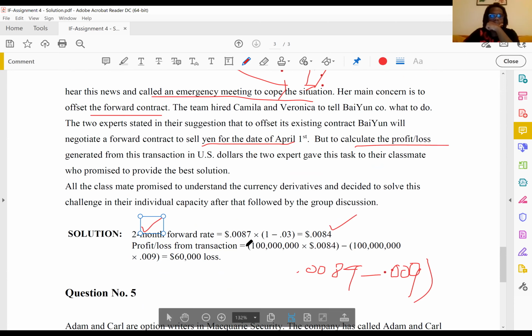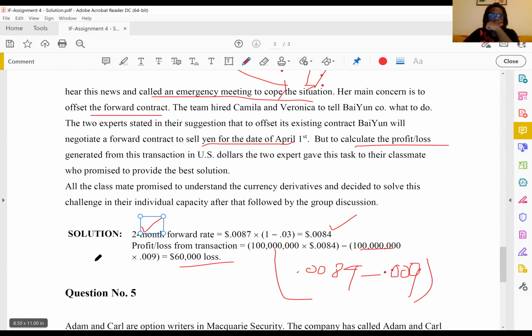The whole thing you multiply it with 100 million. Answer would be a negative sign, a loss of $60,000. Right? Simple. So just don't get into details of all the extra stuff. Pick the right answer. Okay, what is the strategy? What's going on? You make a timeline. Then you can do it in matter of minutes.